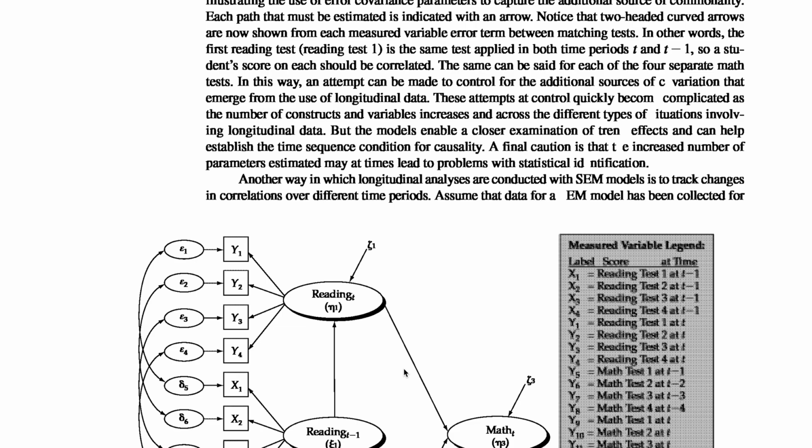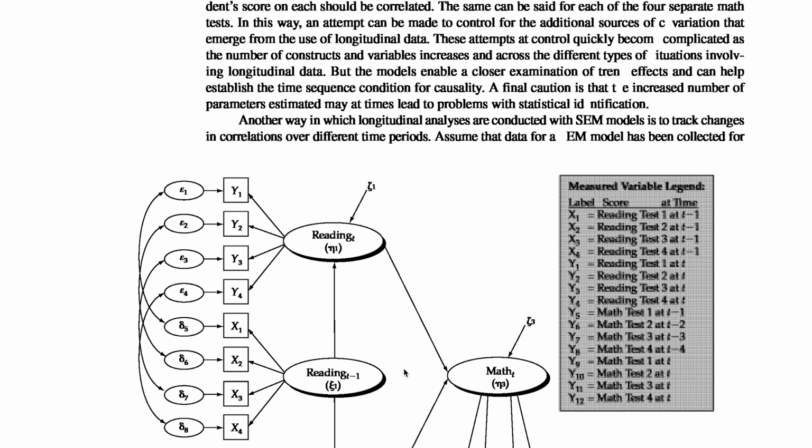A final caution is that the increased number of parameters estimated may at times lead to problems with statistical identification. Another way in which longitudinal analyses are conducted with structural equation models is to track changes in correlations over the different time periods.